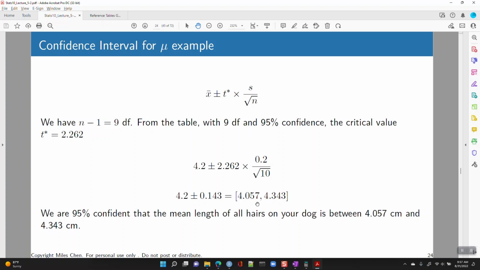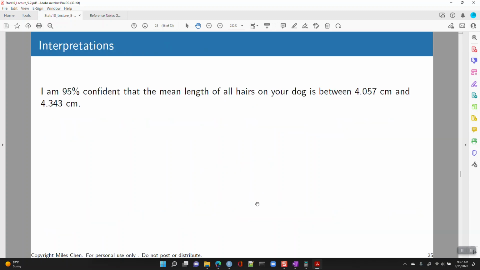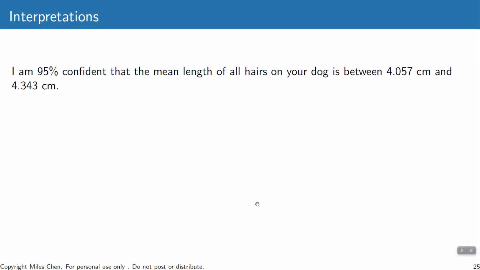All right, so what kind of conclusions can I make? What kind of statements can I make based on this? So let's talk about the interpretations. We would say I'm 95% confident that the mean length of all hairs on the dog is somewhere between 4.057 and 4.343 centimeters. These next few statements, we've seen them before when we were talking about confidence intervals for proportions. Now it's the same kind of logic, but they apply to the mean of a population.